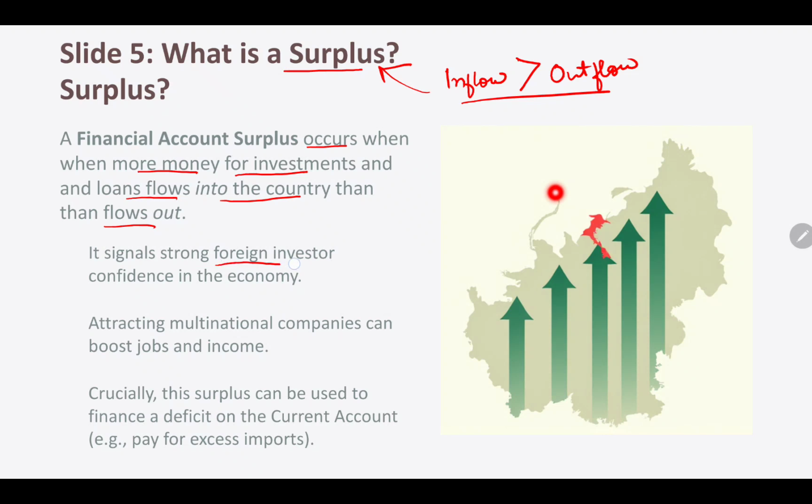It signals strong foreign investor confidence in the economy, and attracting multinational companies can boost jobs and income. This surplus can be used to finance a deficit on the current account, because all three accounts contribute to the balance of payment.